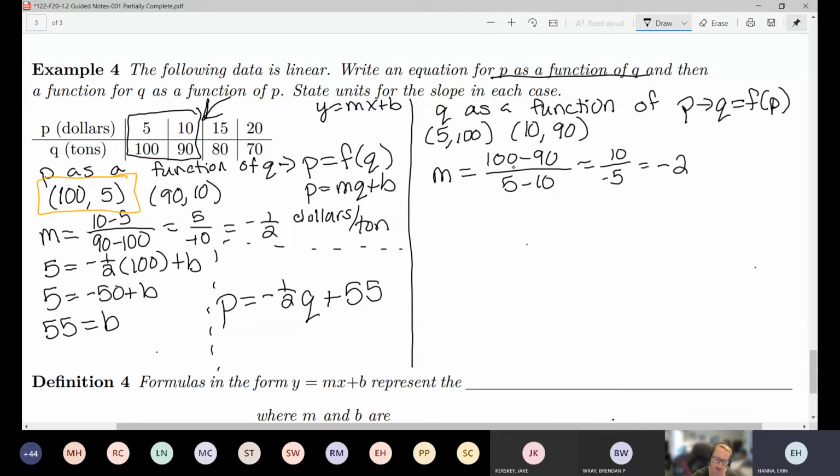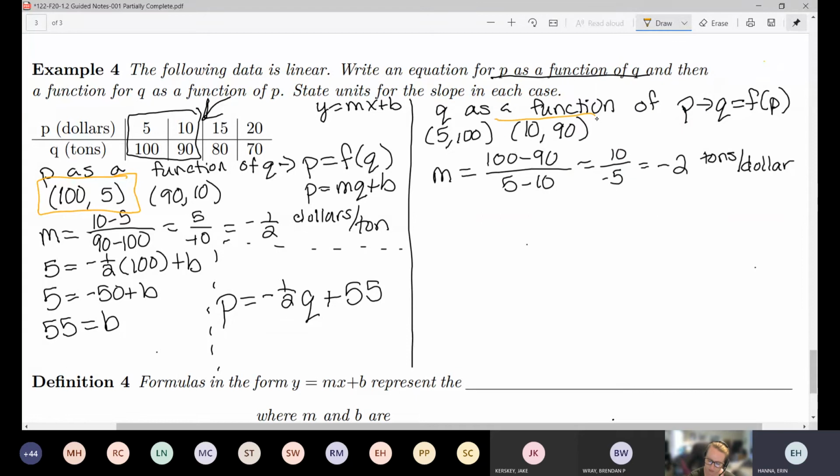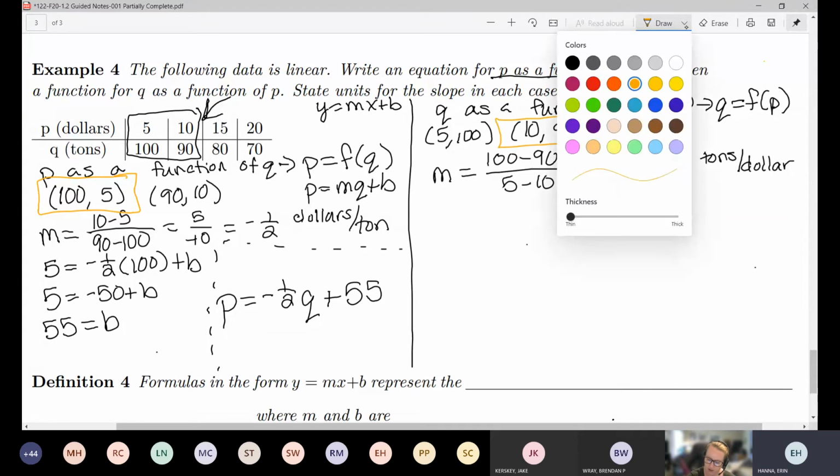The 100 and the 90 were tons, the 5 and the 10 were dollars, so this would be tons per dollar. And I'm going to choose the point 10, 90 this time around as the point that I'm going to use to finish it.